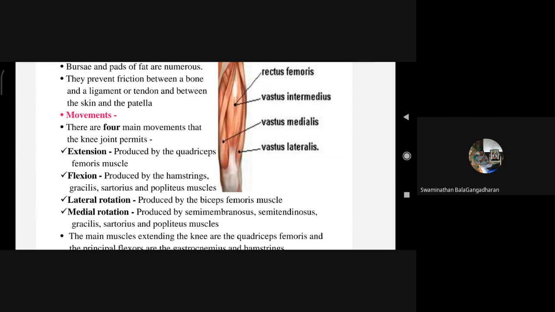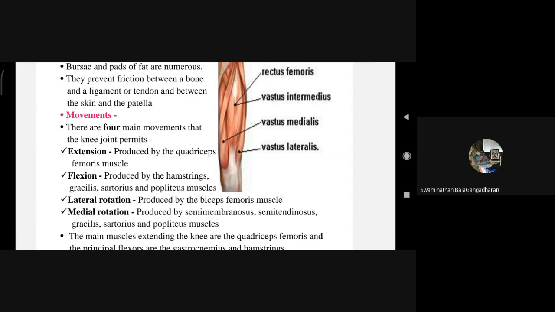So lateral rotation means rotating our leg to the outer part of our body. If we are talking about the right leg, then lateral rotation will be on the right side only, because lateral means away from the midline.